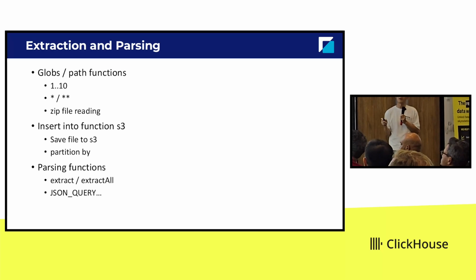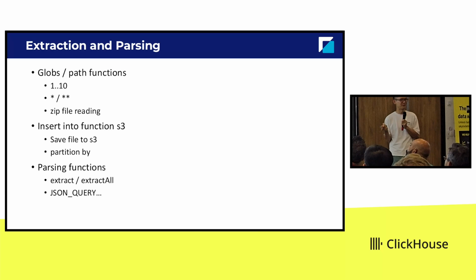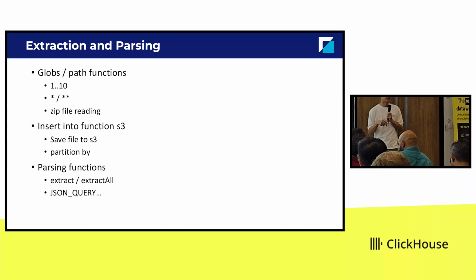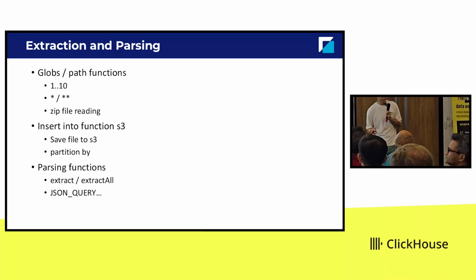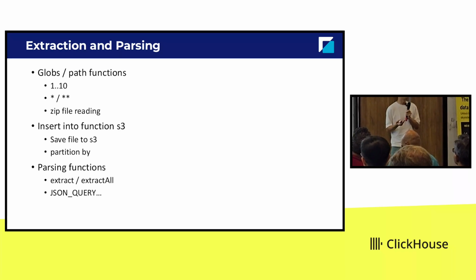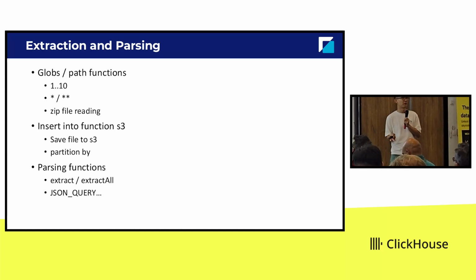And to our surprise, ClickHouse can actually read zip files without extracting them. That's a very good feature that we discovered, because we store a lot of zip files in our bronze layer. If we were to extract them, it's possible, but it's just going to cost us money. If we want to keep the zip and the extracted version, that's kind of two costs.